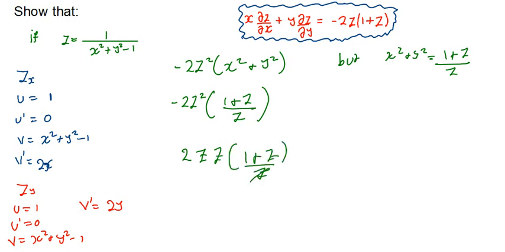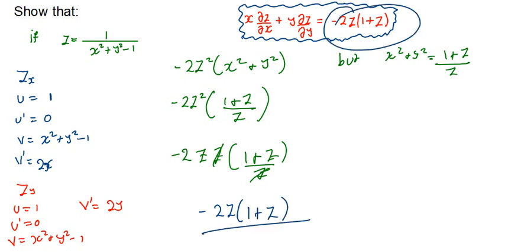So this can go and that can go. Oh, I have a negative, yeah. So what we now have is minus 2z open bracket 1 plus z, which is simply what we have there, hence shown. And that's simply how you go about it.